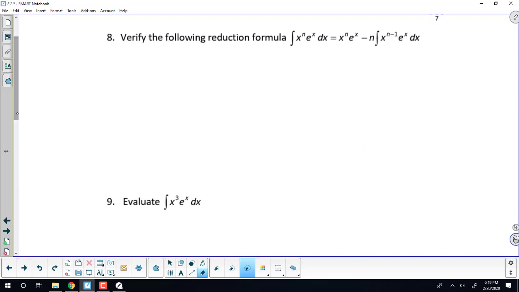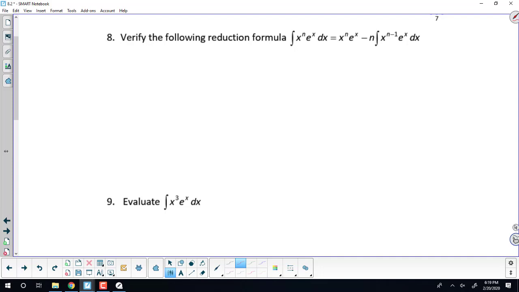So we'll see there are these reduction formulas for specific functions and their powers. We see reduction formulas in 8.3 as well with powers of trig functions. I'm not going to have you remember the reduction formulas, so don't worry about memorizing these things.